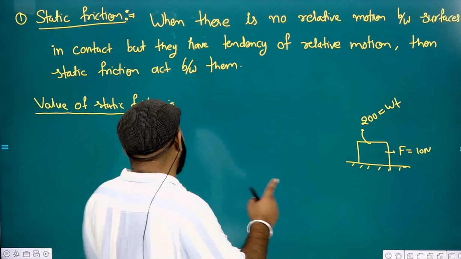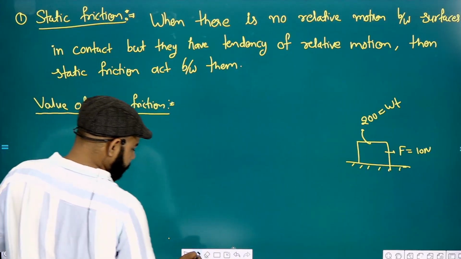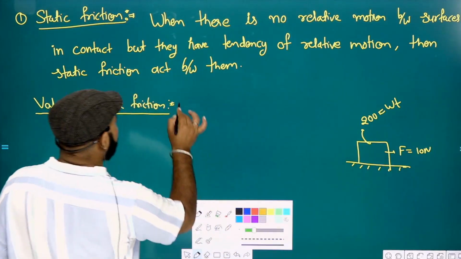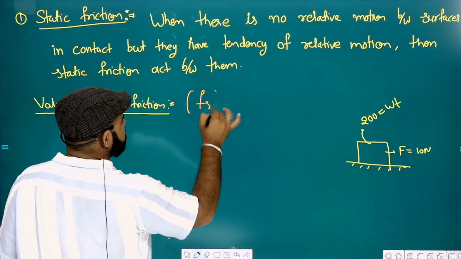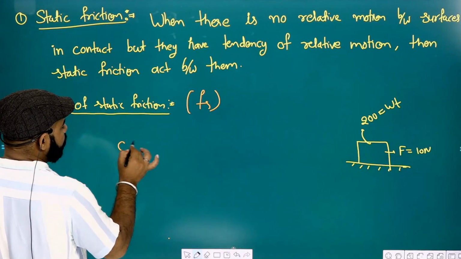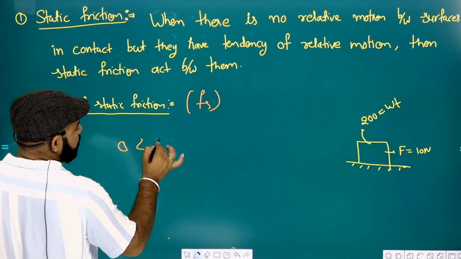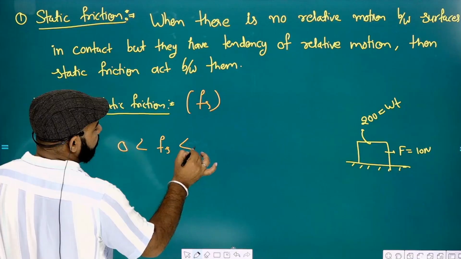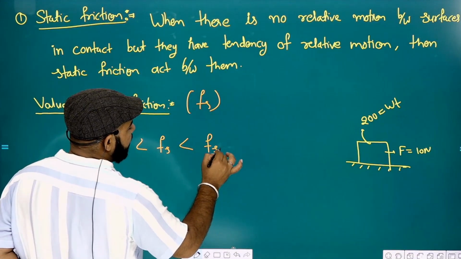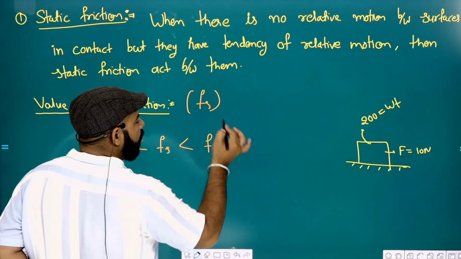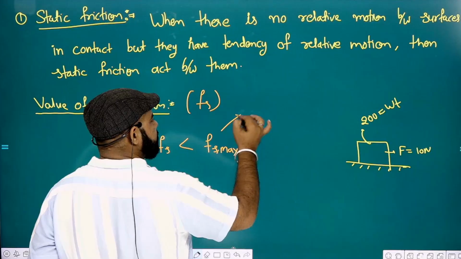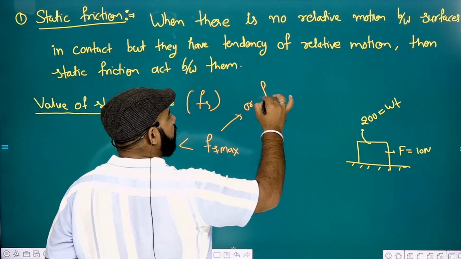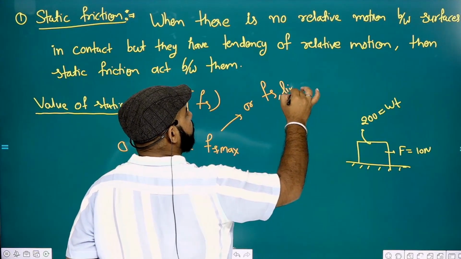So static friction Fs, its magnitude is between 0 and some maximum value, that is Fs maximum, and this is also called Fs limiting.